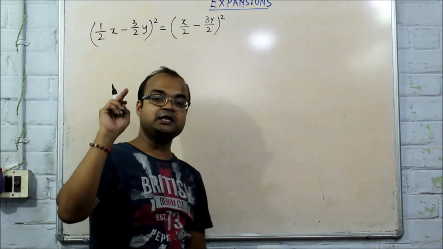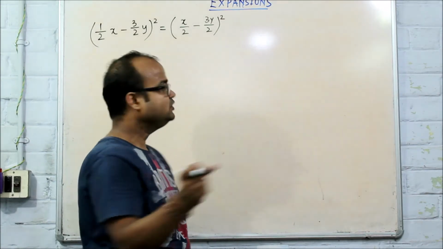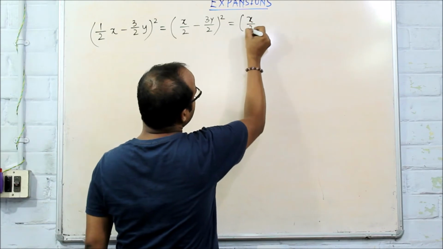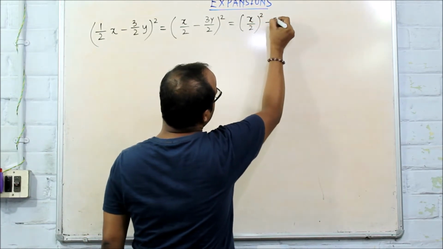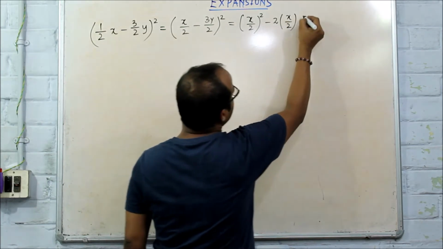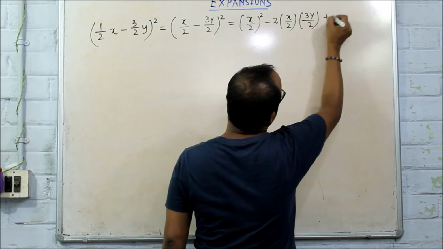The formula is a square minus 2ab plus b square. So apply the formula: a square minus 2 into a into b plus b square.